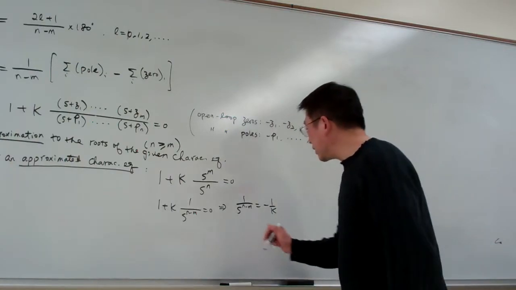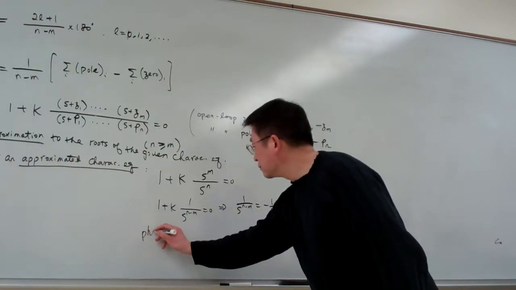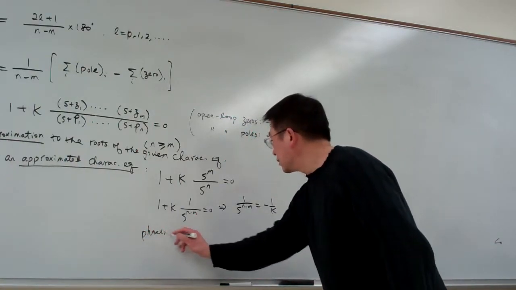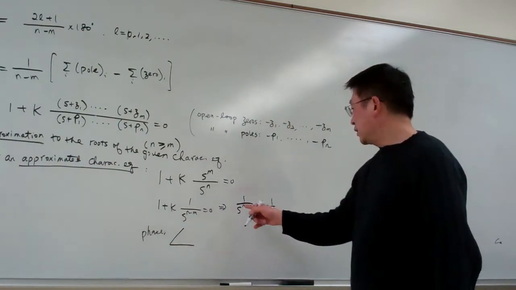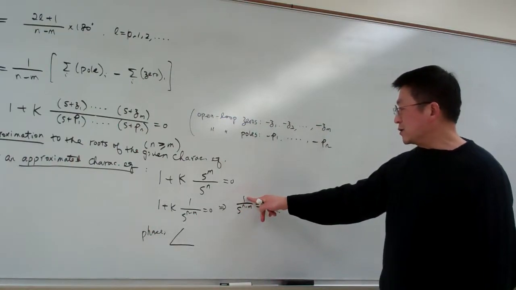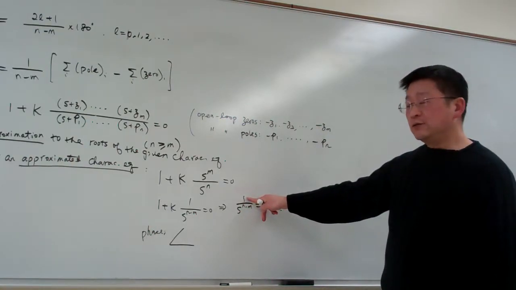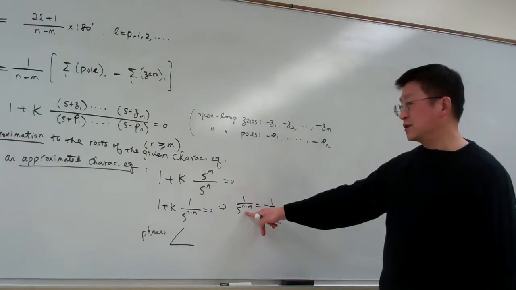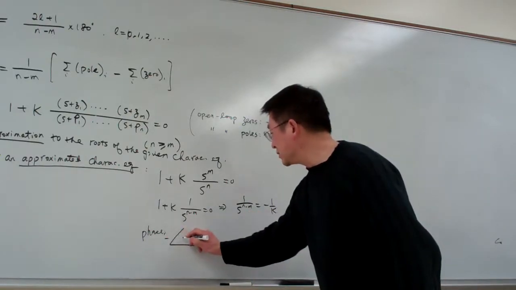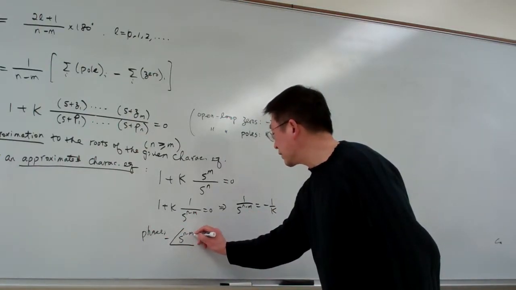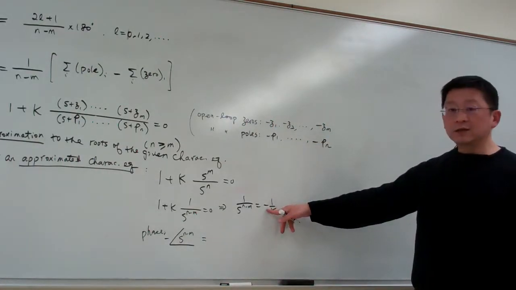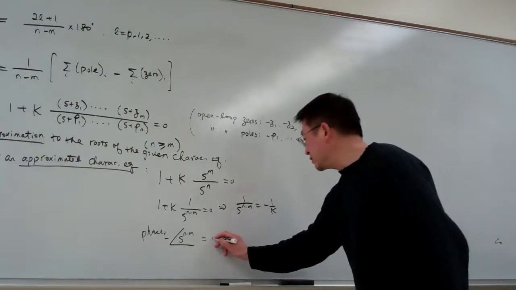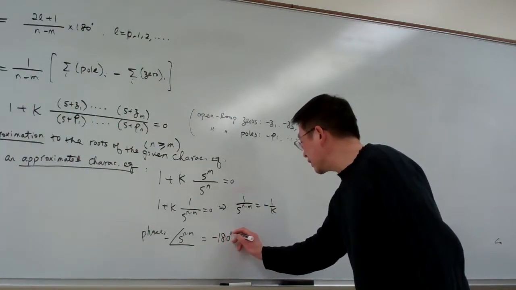So here we look at the phase. The phase of this system: the left-hand side is the phase angle of the numerator, which is 0, minus the phase angle of the denominator, which is minus (n minus m) times the angle of s. And the phase on the right-hand side, because this is a negative number, is minus 180.